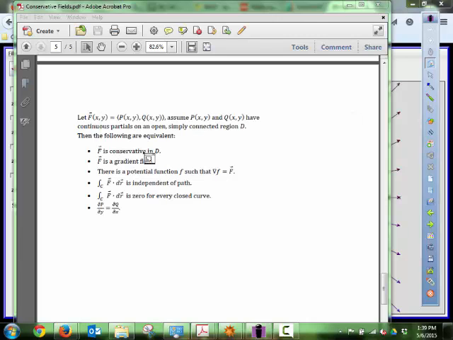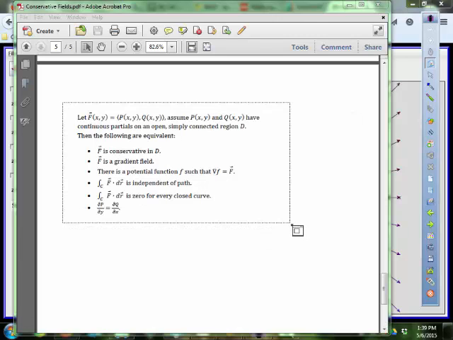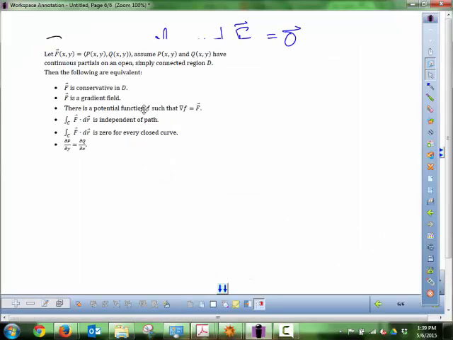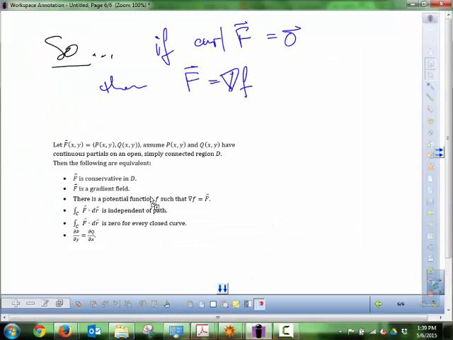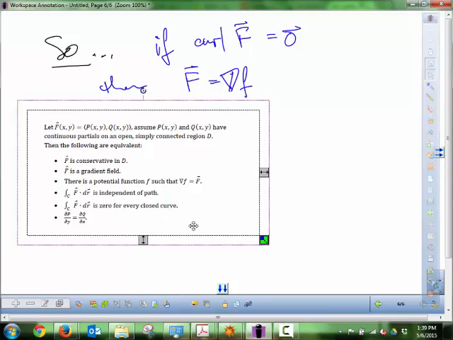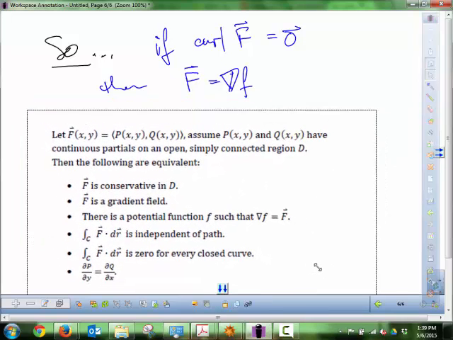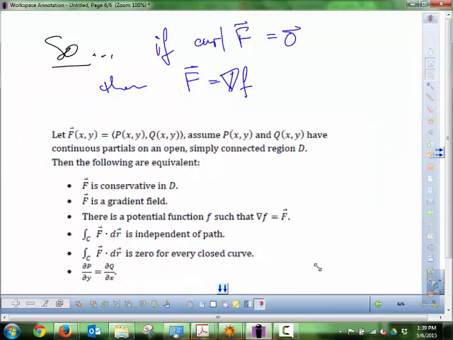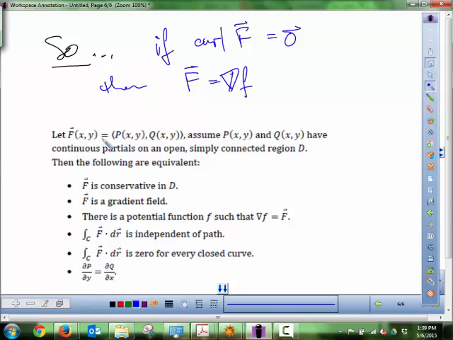So here's our list that was brought up when we were only looking at these vector fields in 2 dimensions. So, I'm sorry, I'm going to take my pen here and change a few things.